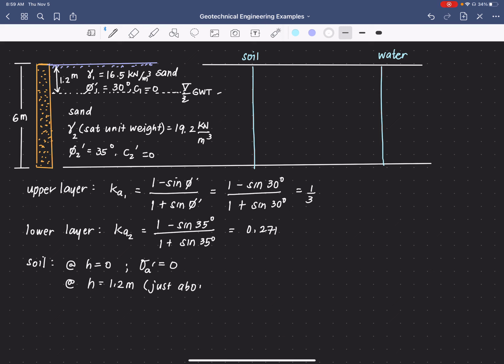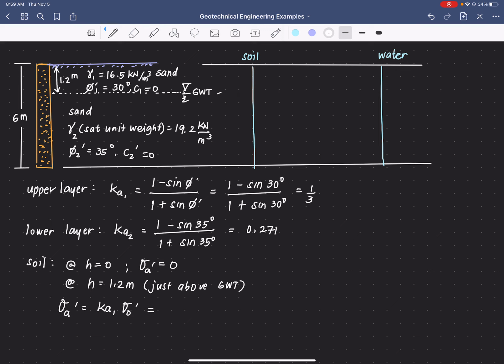Let me write just above the groundwater table. Our pressure is equal to Ka1 multiplied by, of course, the sigma O, or the effective stress at a depth of 1.2 meters.